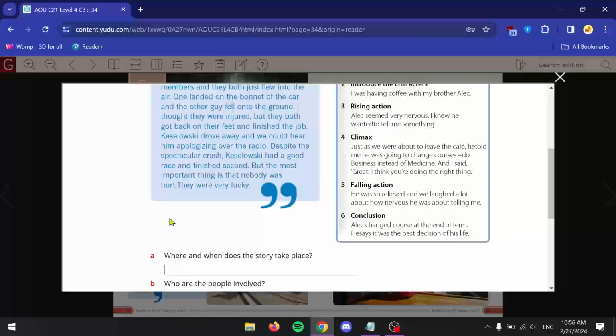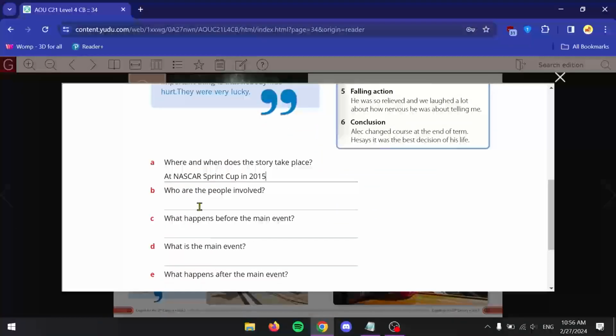So we could say at NASCAR Sprint Cup in 2015. Okay. B, who are the people involved? This would be Brad Zalowski and crew members. C, what happens before the main event?